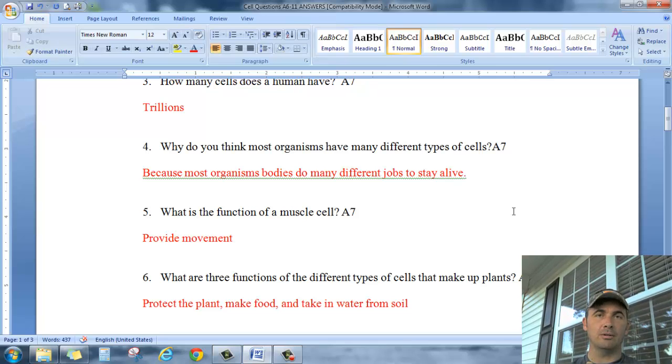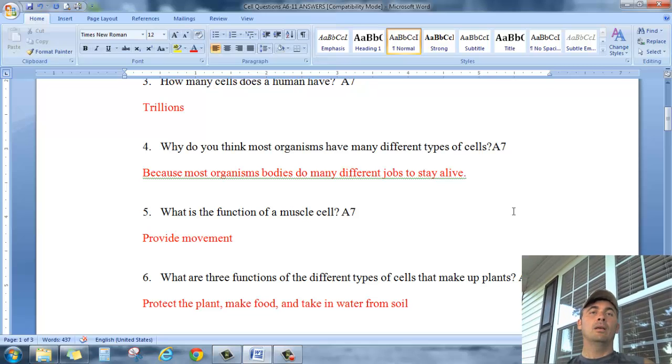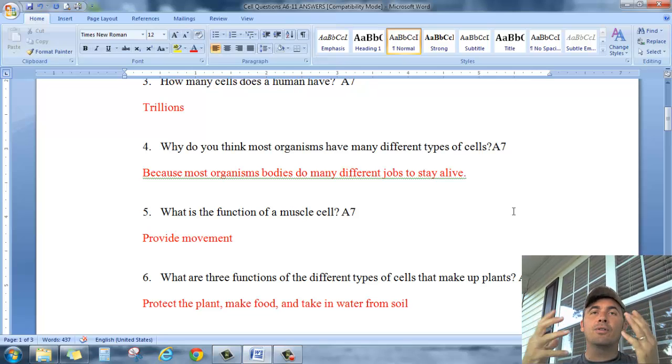You got to have brain cells doing their jobs. You got to have nerve cells so that when you stick your hand on the oven and it hurts, you have enough sense to move your hand because it burns. So you got to have a lot of different kinds of cells, and they all look different, and they all do different jobs because your body has to do a lot of different kinds of stuff. So that only makes sense.